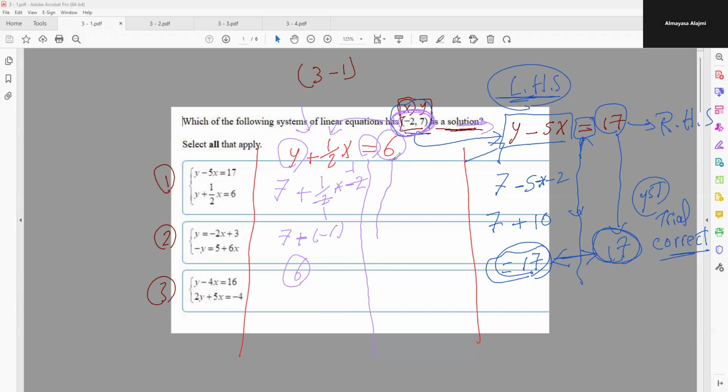The value in the right hand side is already 6. These two values are correct, so the second trial is also correct. If both trials are correct, then this one is a solution of this question. This is the first answer for me.